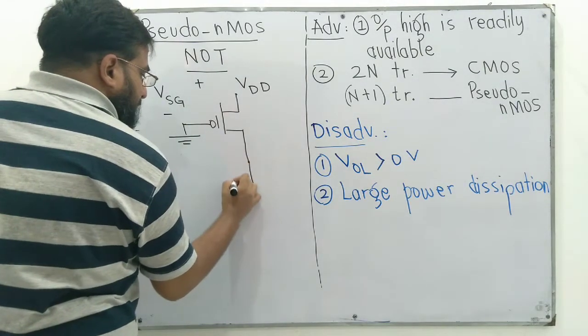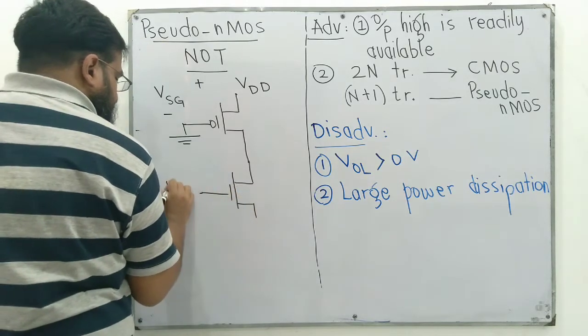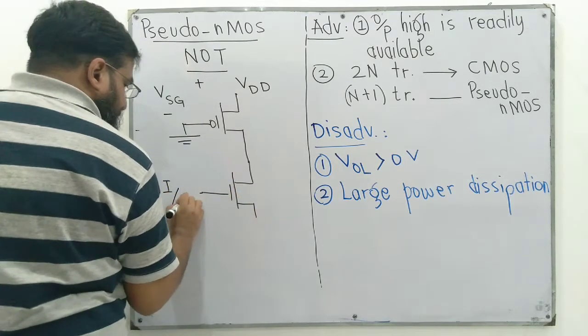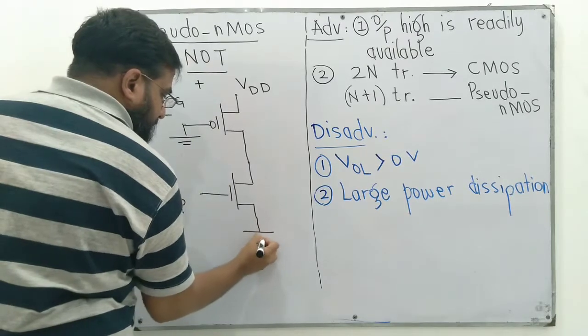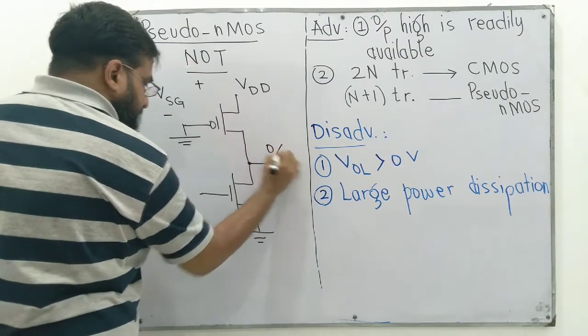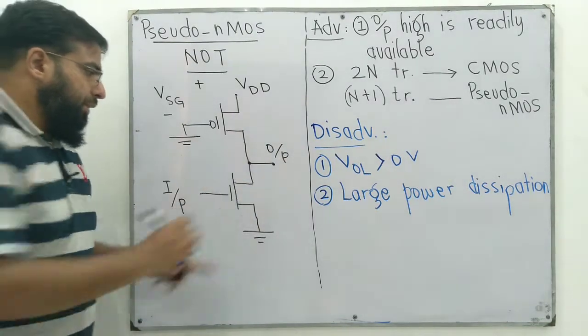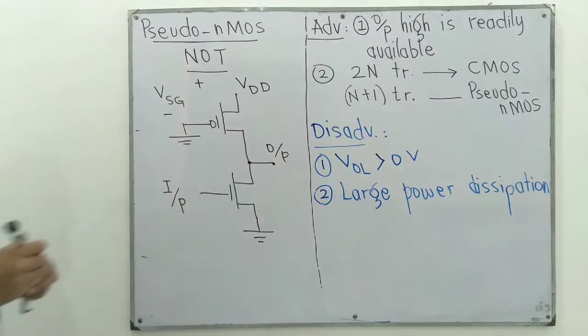And the nMOS array in the case of NOT consists only of a single transistor to which we connect the input voltage, and the output is taken from here, right?